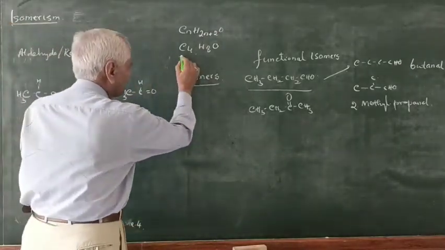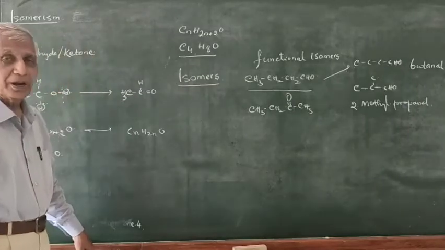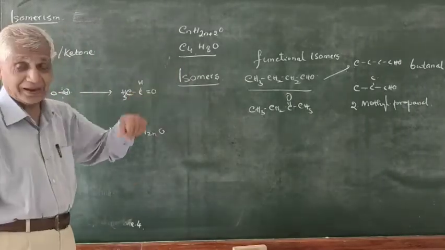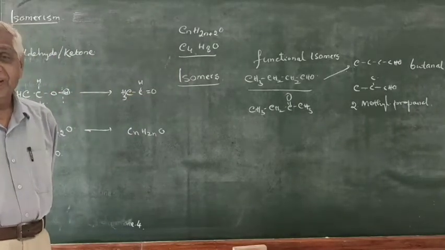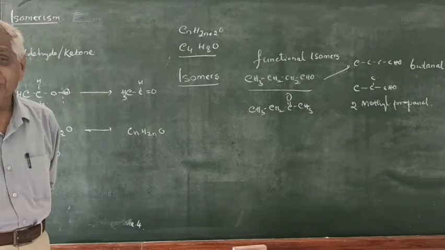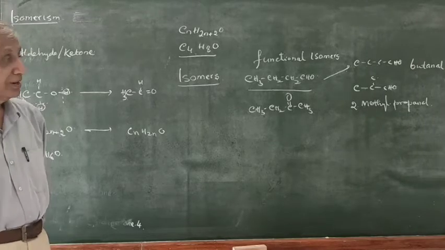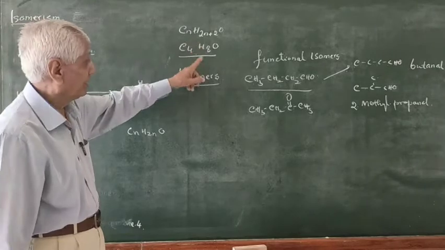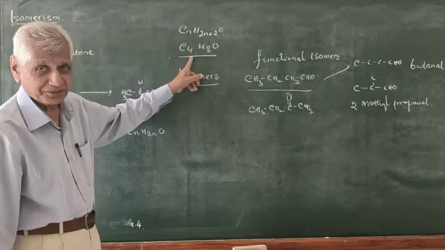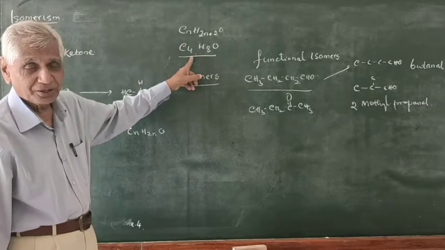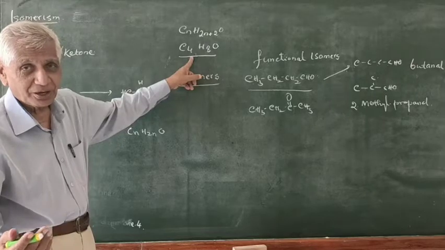Now this is the compound where you can write the structure as unsaturated alcohol. This is saturated alcohol. Here it is 2 hydrogen less. It means you will get unsaturated alcohol.